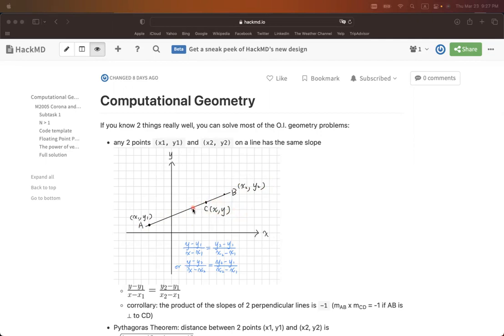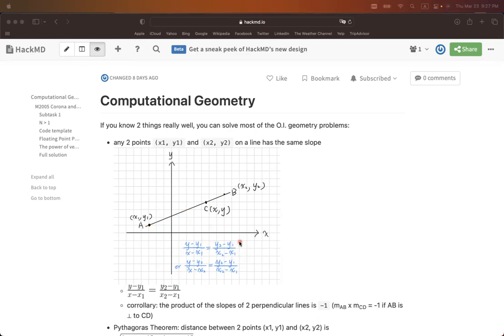And whatever that C is, as long as it's on that line AB, the fact is the slope of AC must be the same as the slope of AB. And the slope of AC is the left-hand side of this equation, y minus y1 divided by x minus x1. And the right-hand side is basically the slope of AB, and they must be the same.